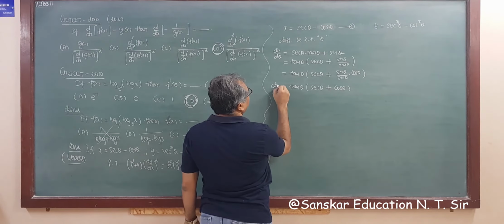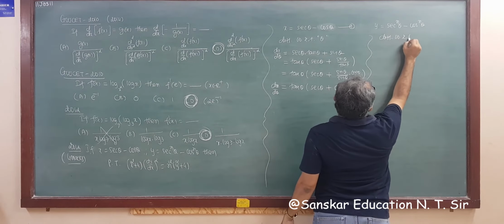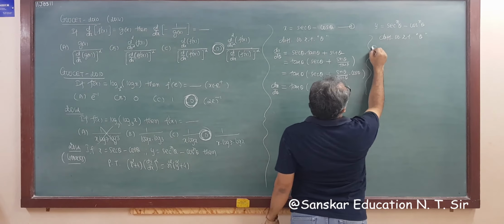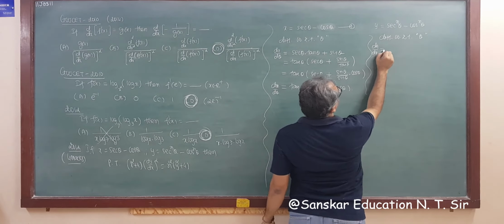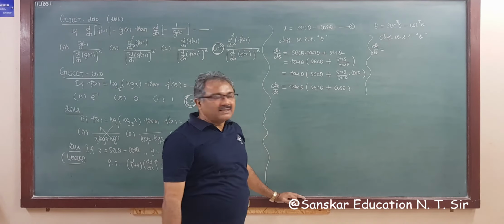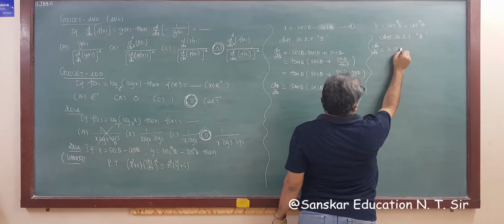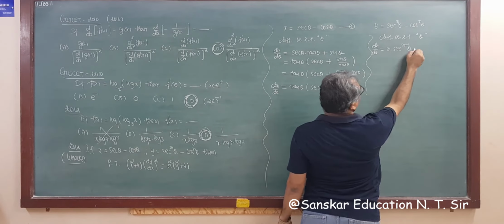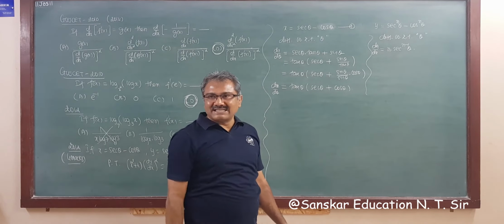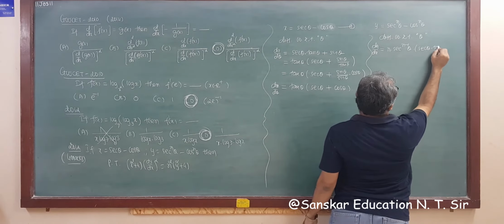Now for y, right? y is also a function of theta. So differentiating with respect to theta, dy by d theta is equal to sec raised to n theta, that is bracket raised to n gives n sec raised to n minus 1 theta, and the derivative of the bracket, that is sec theta, is sec theta into tan theta.